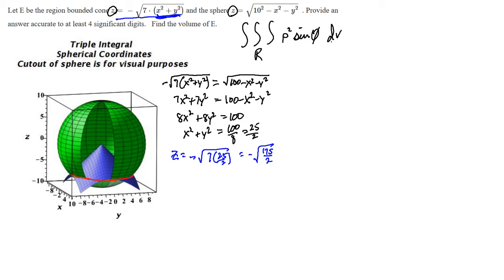If we used the x squared plus y squared equals 25 halves in this equation, we'd have z equals the square root of 100 minus x squared plus y squared, which would be 25 halves. Now that comes out to be a positive square root of 175 over 2.